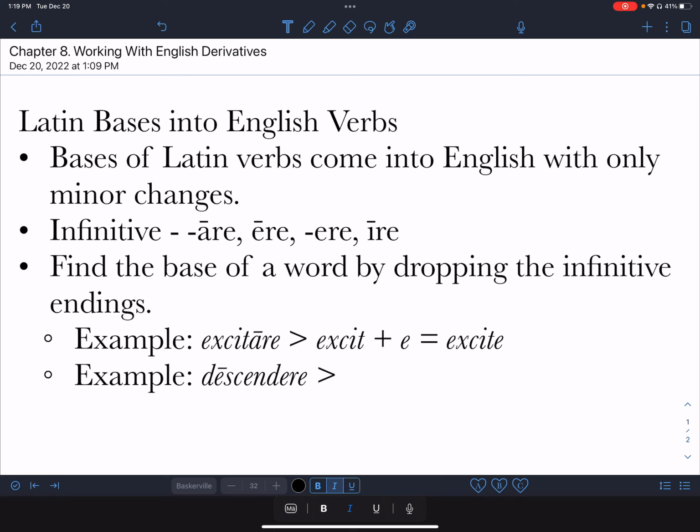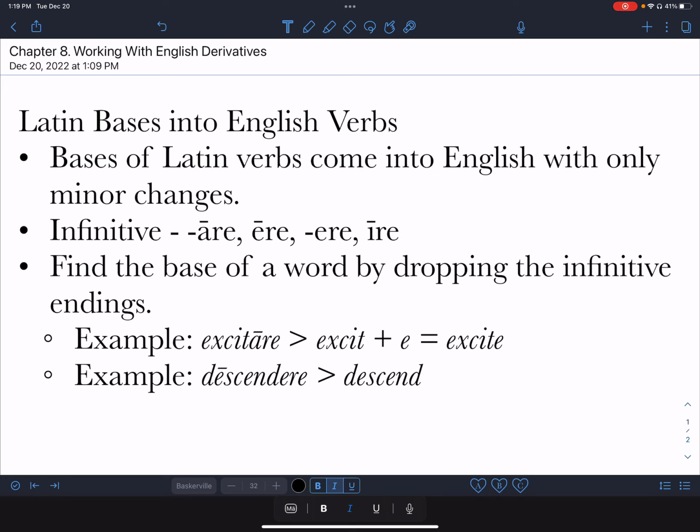Now, based on the rule that we just talked about, we're going to get rid of our infinitive ending. What is my stem or my base? Can someone spell it out for me? Zach, what do we got? Yes. Okay, so sometimes there's no E that needs to be added. There's just no change at all, right? To descend in English just means to go down.